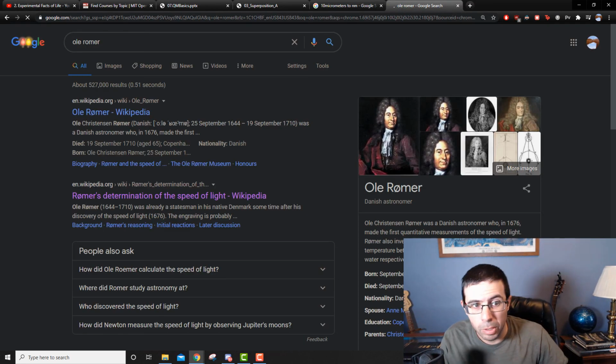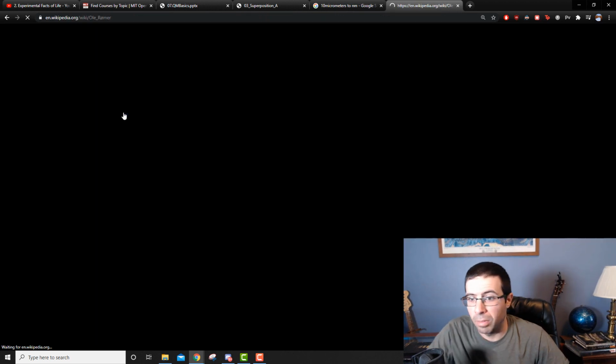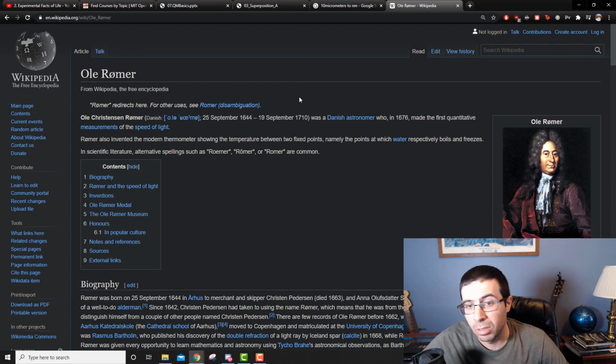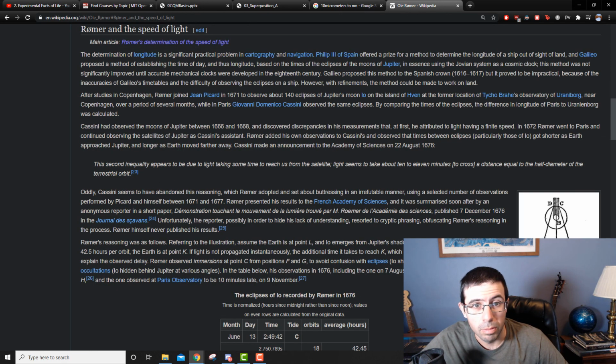This dude Romer, it's in like 1700, somewhere around there, made the first quantitative measurement of the speed of light. The way he did this was noticing discrepancies between Newton's laws' predictions and the observations of the rotation rates of the moons of Jupiter.